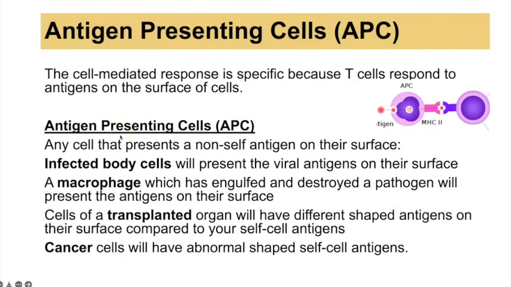So it involves antigen-presenting cells, or APC. An antigen-presenting cell is any cell that presents a non-self antigen on their surface. Infected body cells will present the viral antigens on their surface if they are infected.